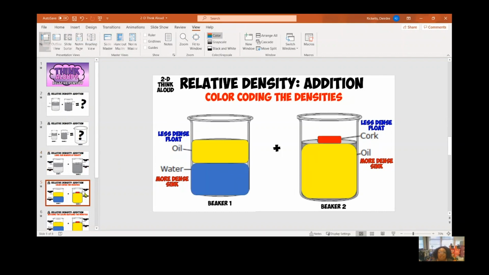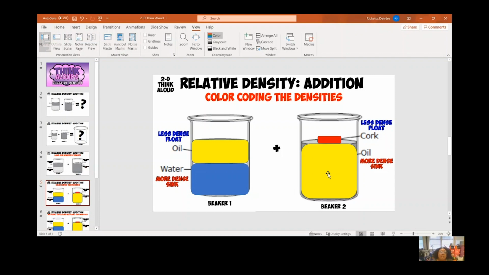The next thing I'm going to do is color code. Actually, I'm an artist. I'm an artiste, and I'm sensitive about my work. And I love to color. But this is how I color in PowerPoint. I label beaker 1 water blue, and I have the oil on top of it, which is yellow. And I still have my labels still going on. The water is more dense compared to the oil. Then let's look at beaker number 2.